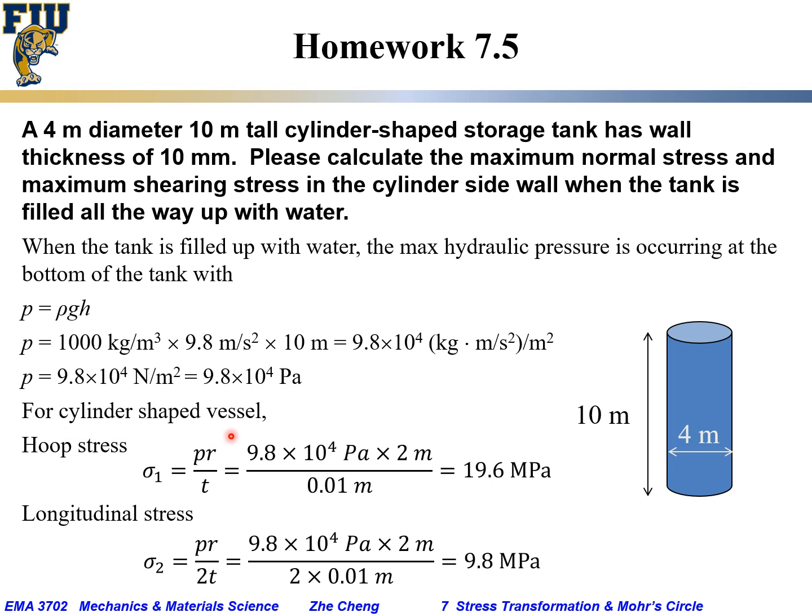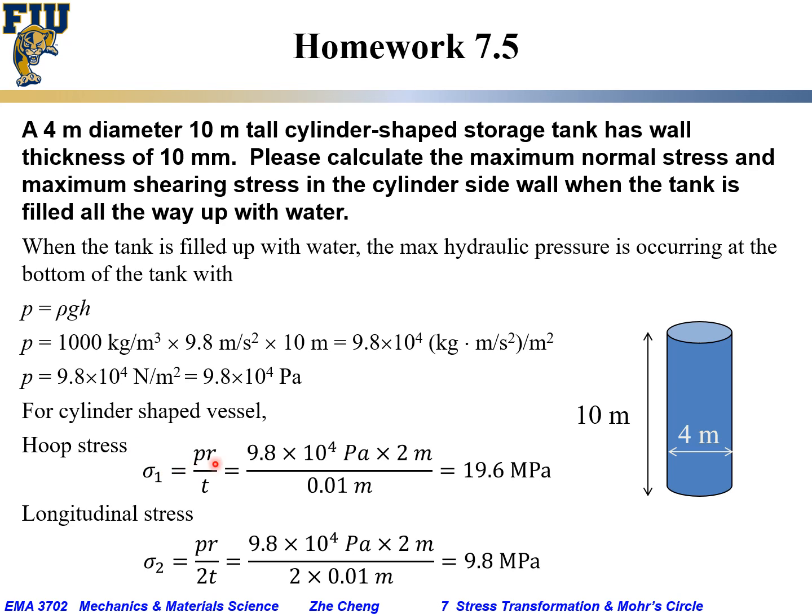For a cylindrical vessel, we know that the hoop stress sigma 1, which is along the circular direction, would be PR/T. This hoop stress prevents the cylinder from getting larger in diameter.